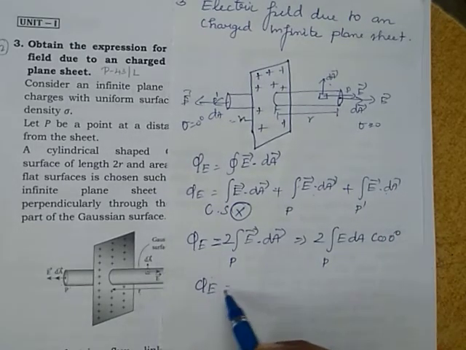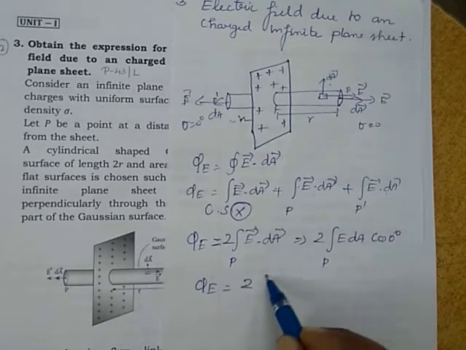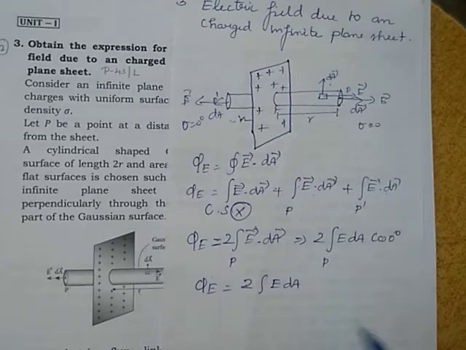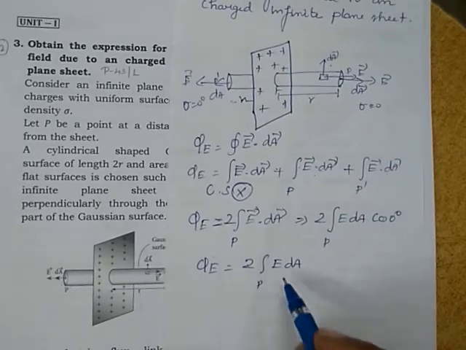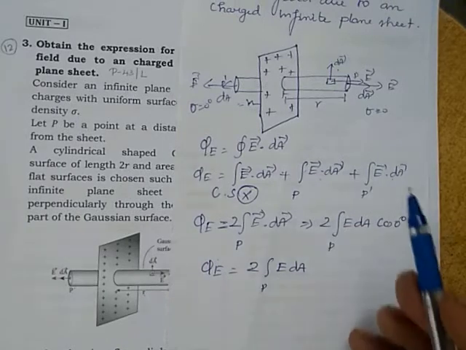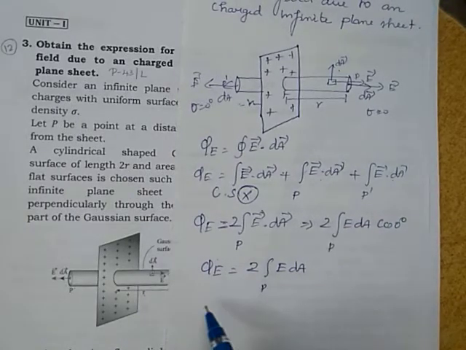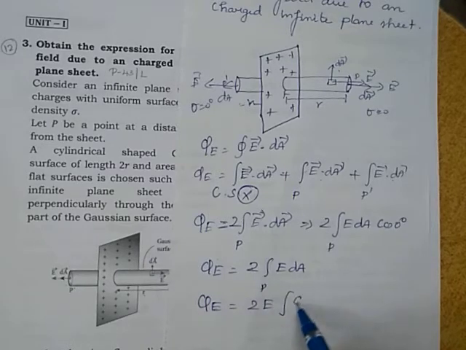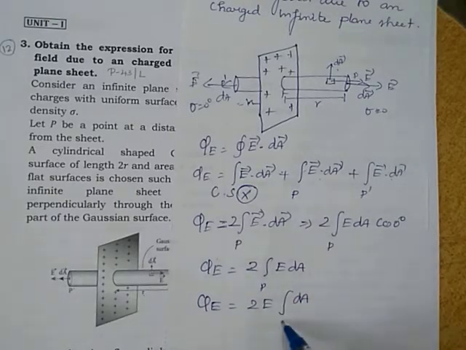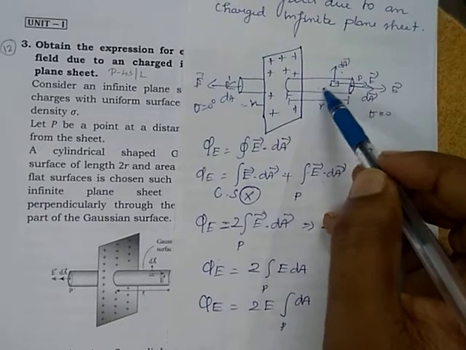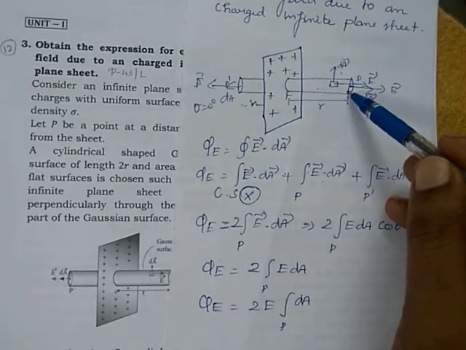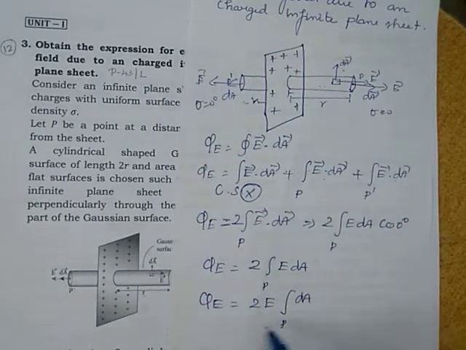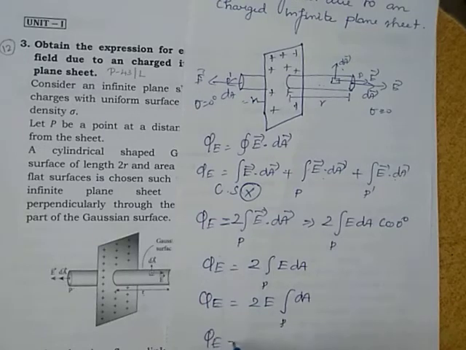Then phi E is equal to 2 E dA. The electric field at that point will be the same, so we can write phi E is equal to 2E integral of dA. We already considered the area of the cylindrical Gaussian surface to be A. So phi E is equal to 2EA.